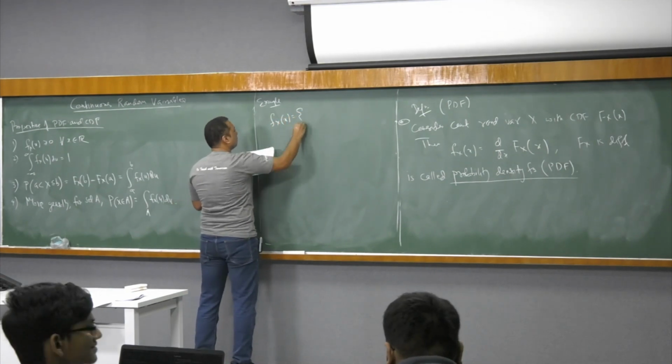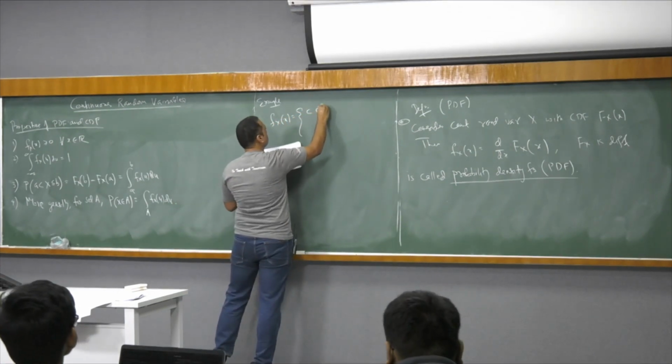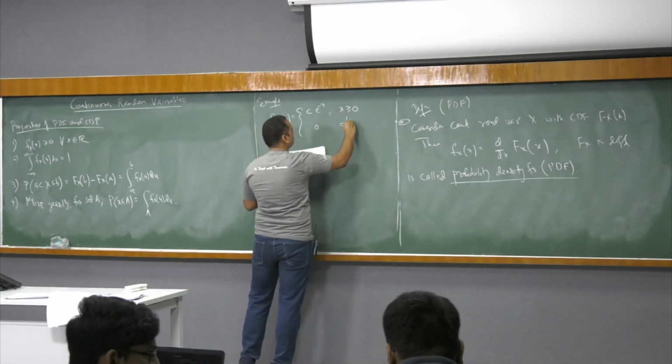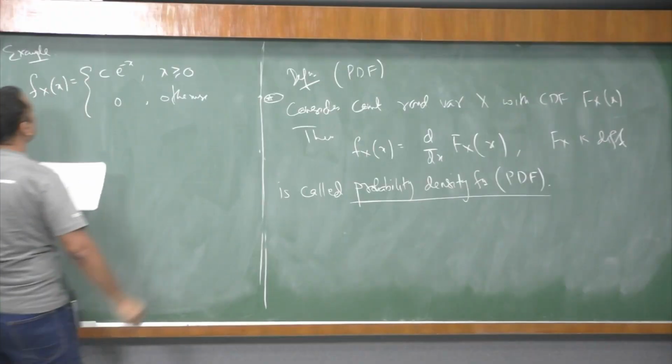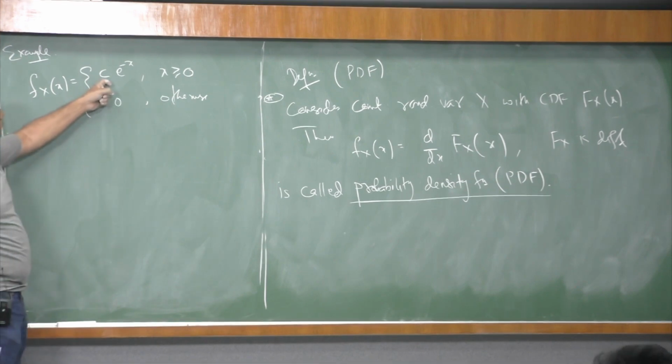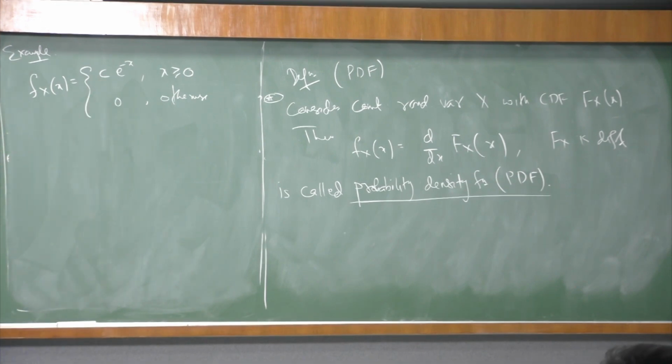f_X(x) is c e to the minus x, x greater than or equal to 0, 0 otherwise. What are we supposed to find? We are supposed to find the constant c, and to find c we use the property that the integral of any PDF must be 1. We integrate and set it equal to 1, and from there we should get c. So A: find c.